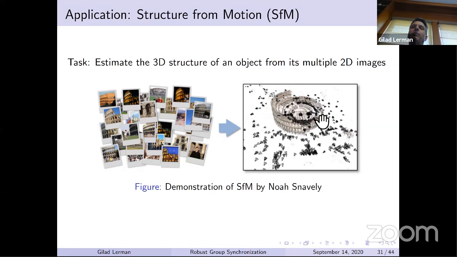Here we have the Colosseum from different perspectives, and as you can see, some of the figures have a lot of occlusion, where we don't focus on the scene itself, but on other objects. Given all these photos, we want to construct 3D models of the scene. So given all these photos, we want to get something like this.